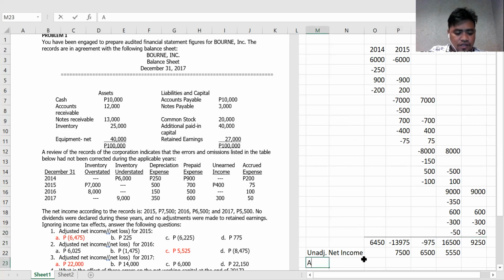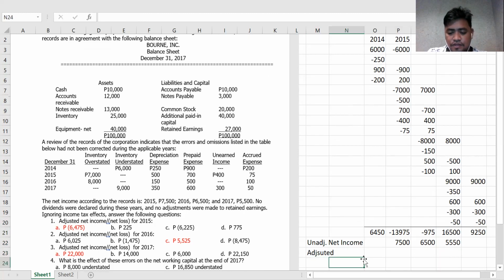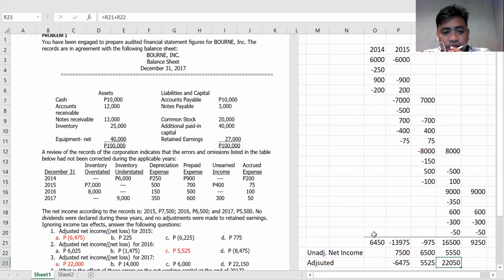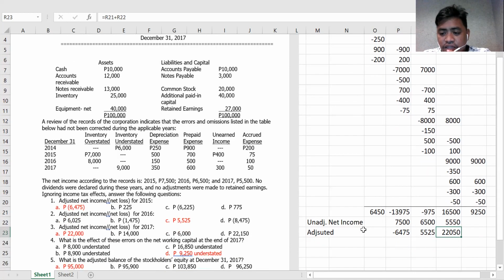Okay, so your adjusted for 2015, you have a 6,475 loss. For 2016, you have 5,525 income. For 2017, we have 22,050. So we have a difference.